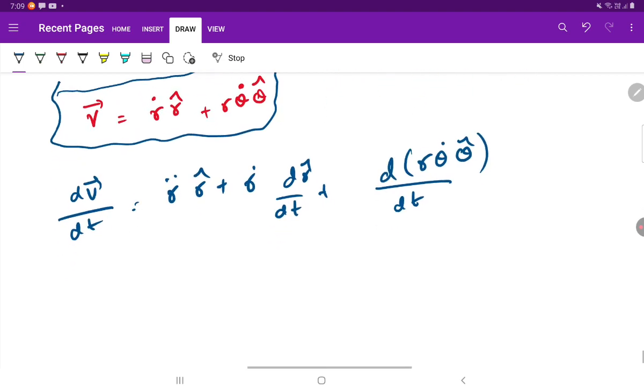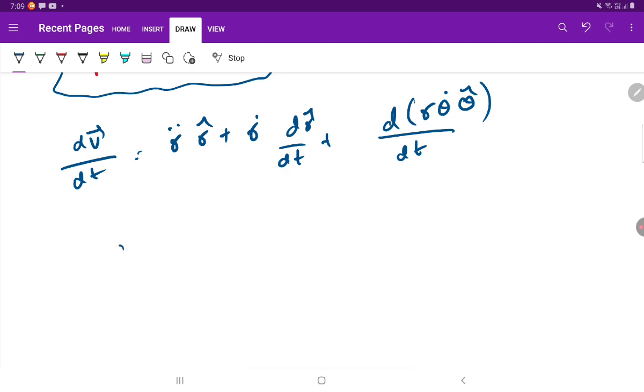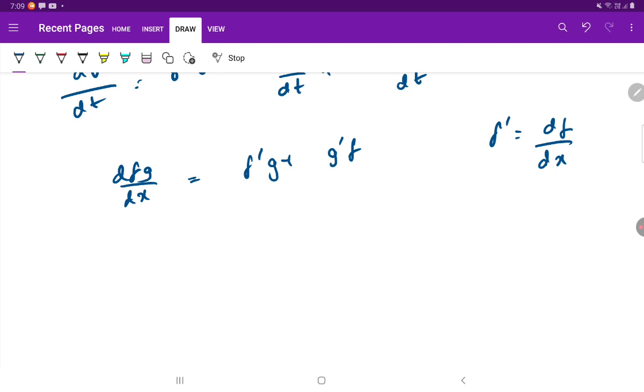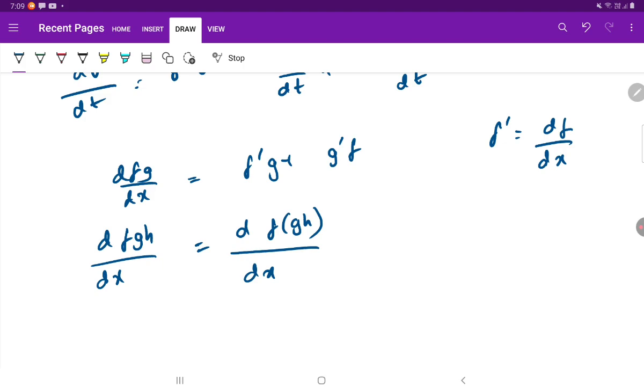In this differentiation, like we use d(fg) by dx is written as f dash g plus g dash f, where f dash is written as df by dx and g dash is similarly written as dg by dx. But in case of d(fgh) by dx, what we do is we take f as one function and gh as another function.